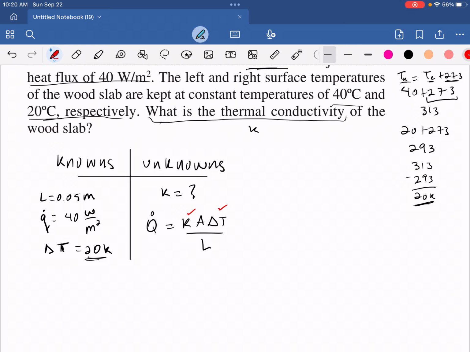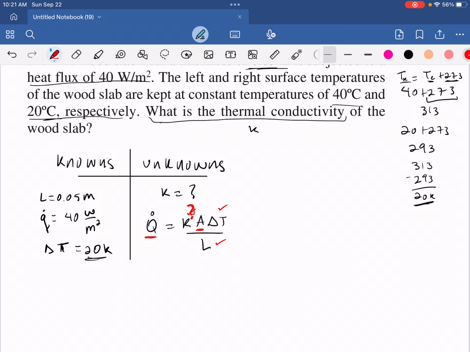This is what I'm looking for. I know the thickness. But I don't have the area. I have no way to find the area, nor do I know the rate of energy transfer.